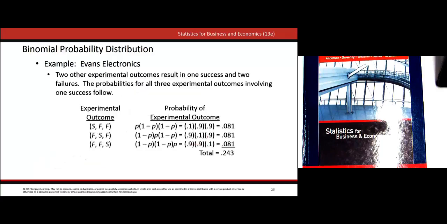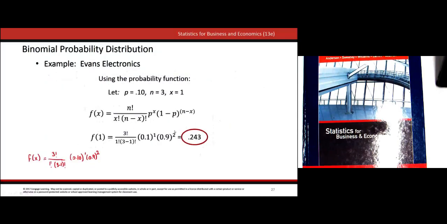So if we know that we have a binomial experiment, we don't have to list all the outcomes and calculate the probabilities of each outcome. We can directly use the binomial function to find the probabilities.